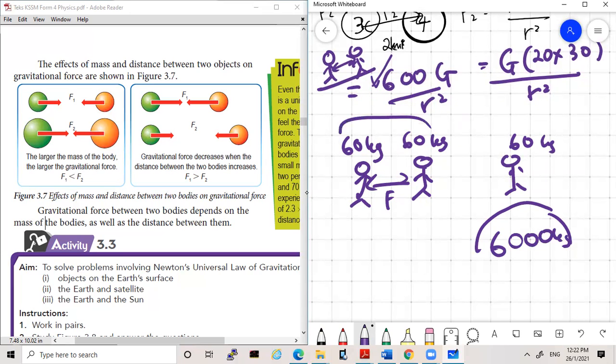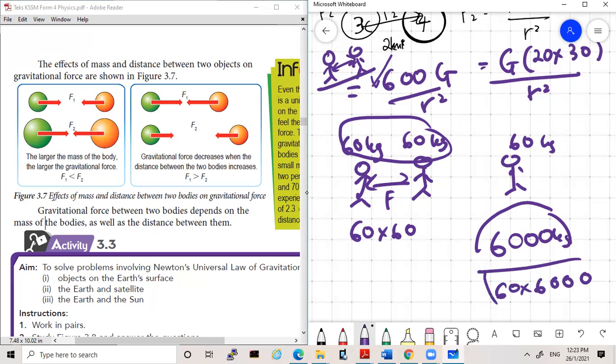So if we get the product of these two, 60 times 60, and then we compare this one, 60 times 6,000, this product will be much larger. Hence, the gravitational force is larger.